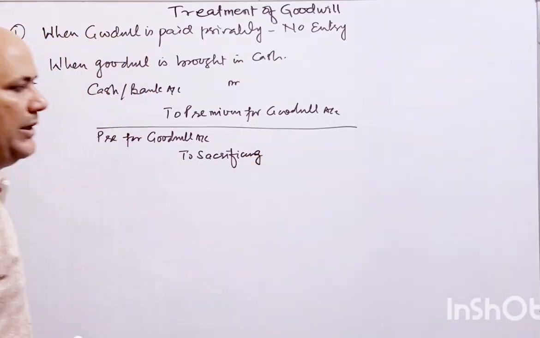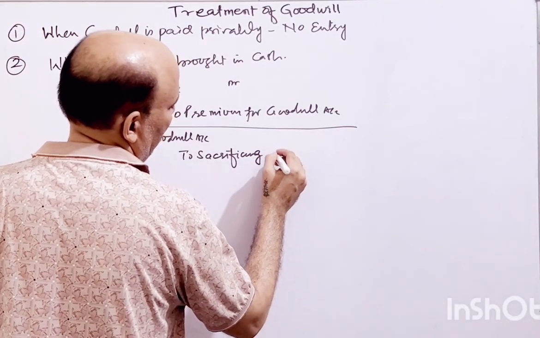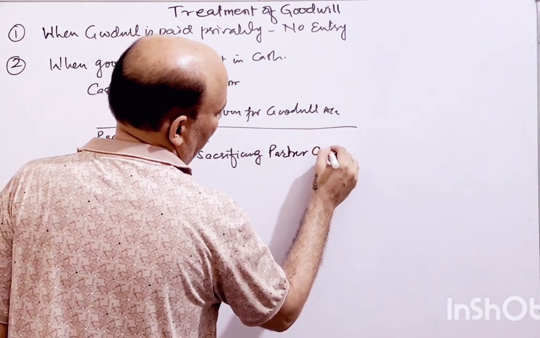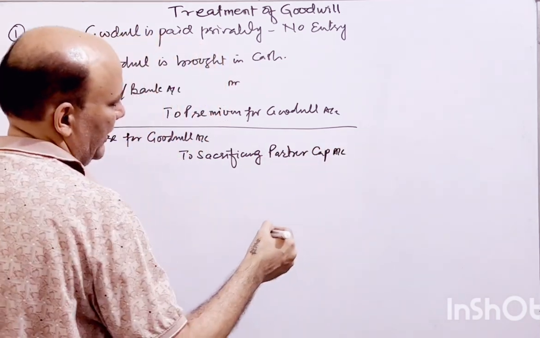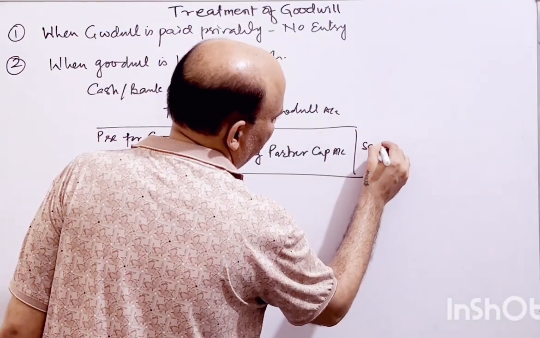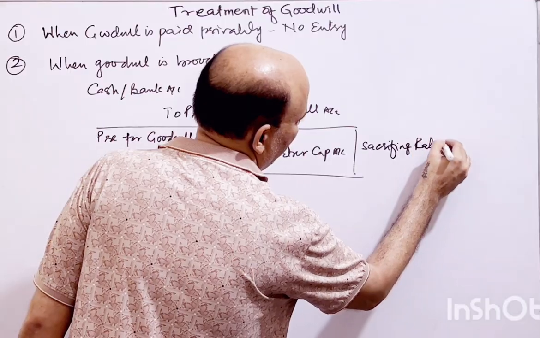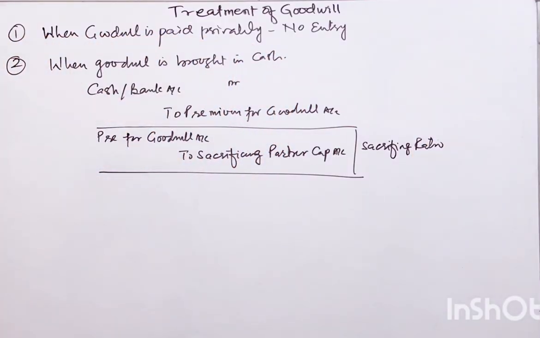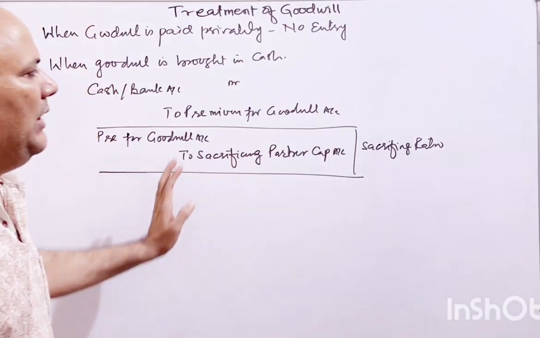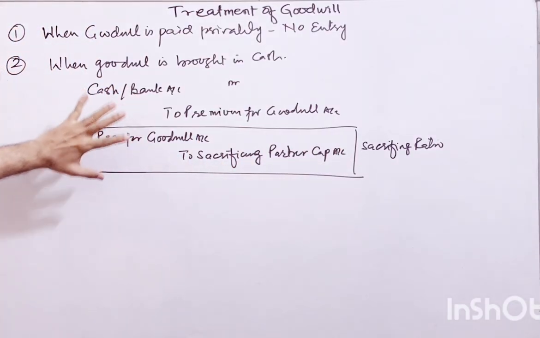Whomsoever is giving their share to the incoming partner, the goodwill will be distributed among them. So sacrificing partners' capital account or current account as the case may be, in the sacrificing ratio. Of withdrawing the goodwill, I will take that entry differently. So this is the first thing.